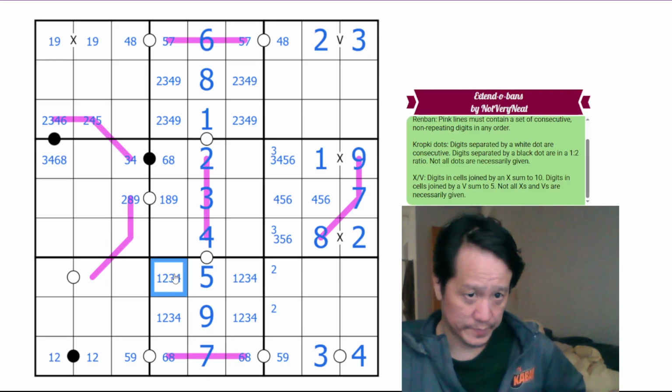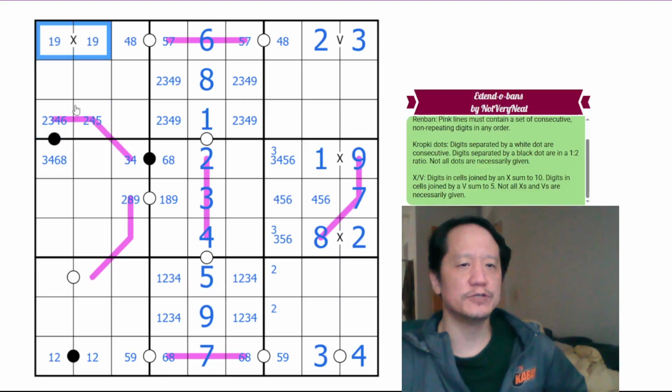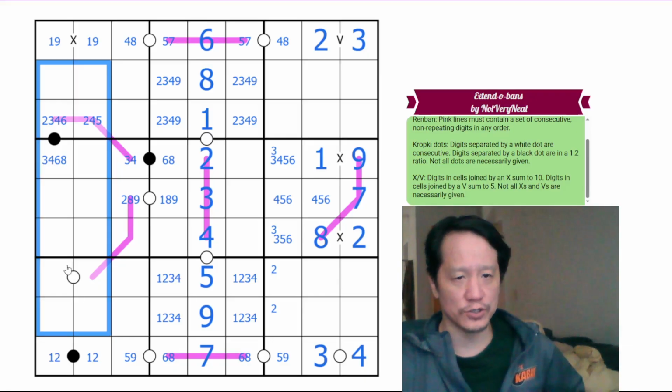Okay. Where is 1? Okay, so 1 again cannot appear in... We have a 1 guaranteed in columns 1 and 2 in this upper left-hand box and the lower left-hand box, which means 1 cannot appear in the rest of columns 1 and 2.